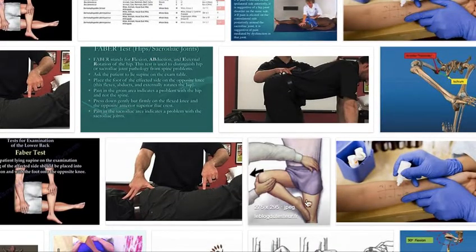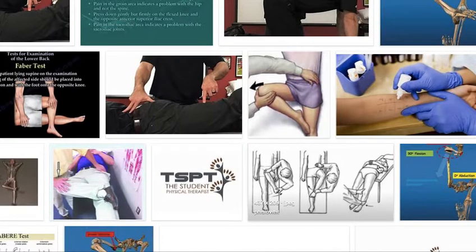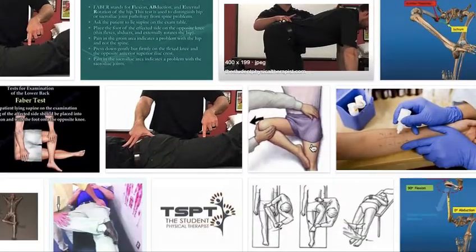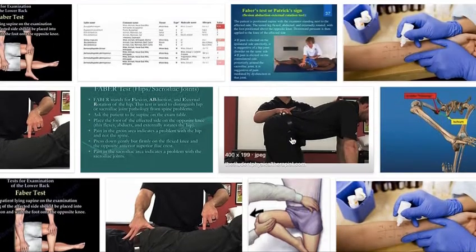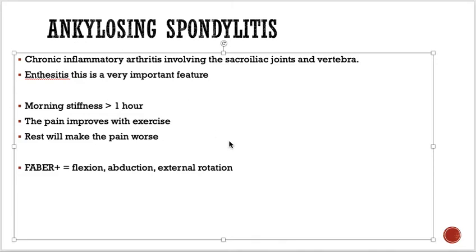Yes, this is the Faber test they are doing. It is basically flexion, abduction, see the leg is far, and then they externally rotate. Okay, so this is called the Faber test. Again, this one is the Faber test. So the Faber test is positive in these patients. Okay, so we perform this test.